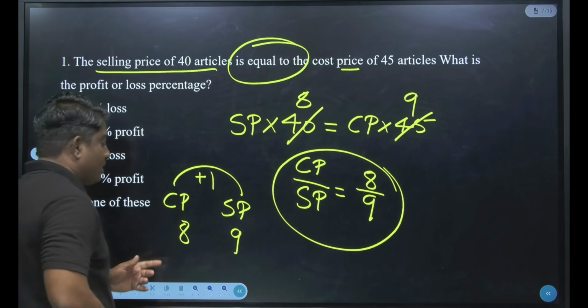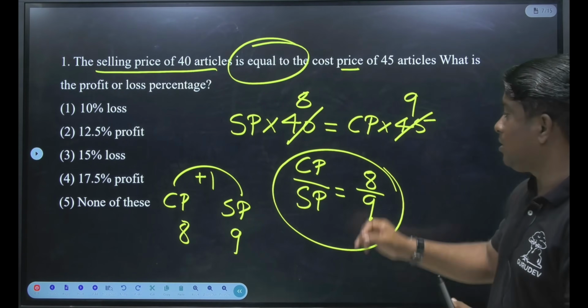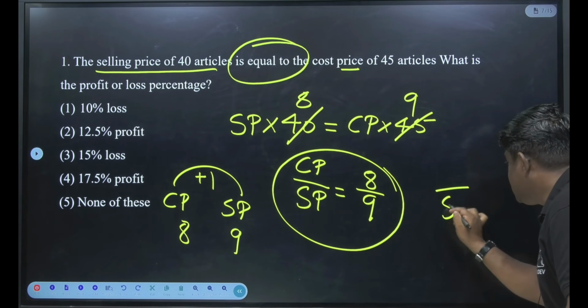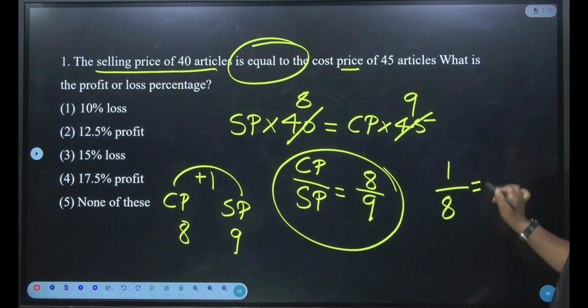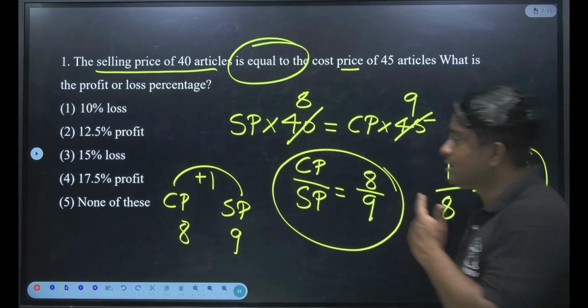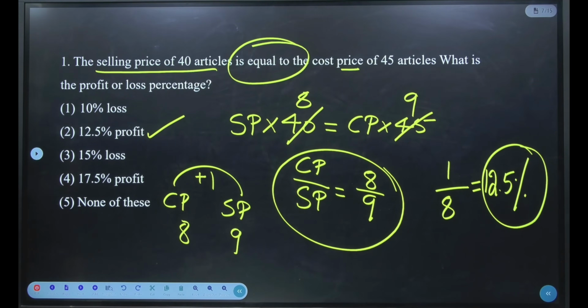Plus 1. Profit percentage is always calculated on the cost price. On 8 rupees your profit is 1. That is nothing but 1 by 8, the fraction, which is 12.5 percent. It is profit. That means option number 2 will be the right option for this question.